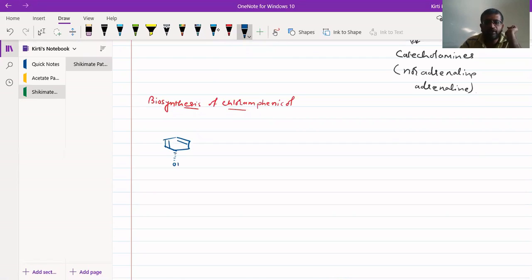Here we have a hydroxyl group, here we have a COOH group, and here COOH group. This is our chorismic acid.